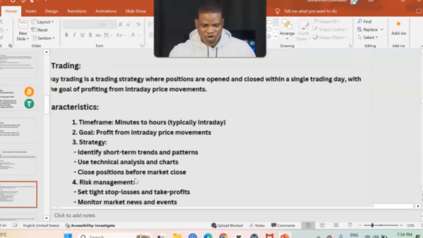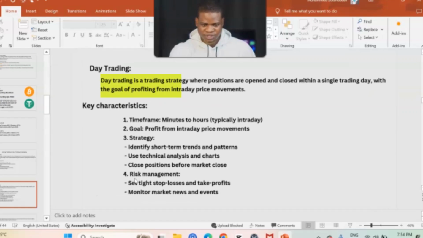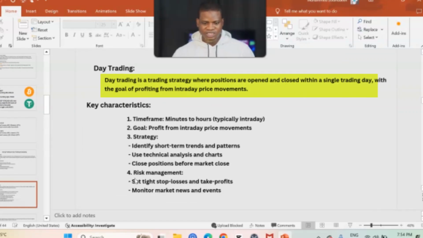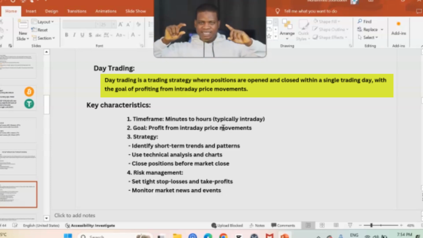So now let's talk about the second strategy, which is day trading. Day trading is a trading strategy where positions are opened and closed within a single trading day. In day trading, all your trades will not be more than a day. Whether you are making profit or you are making loss, it is within a particular day, just one day. So let's say, for example, you are a day trader.